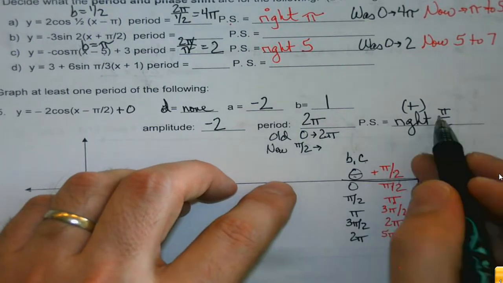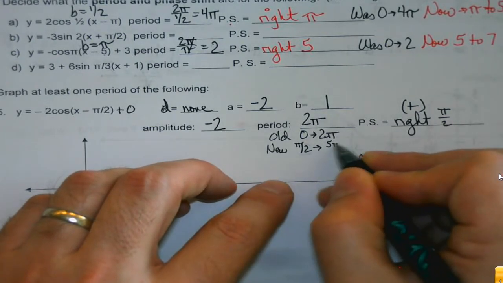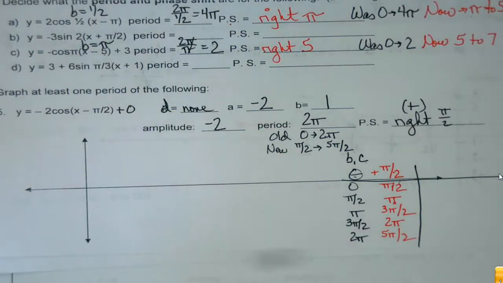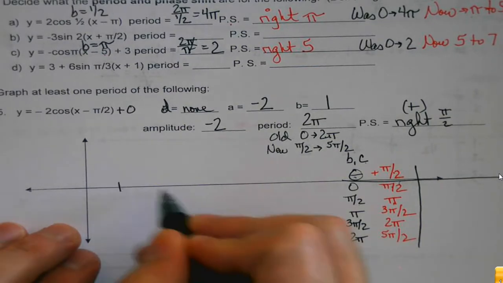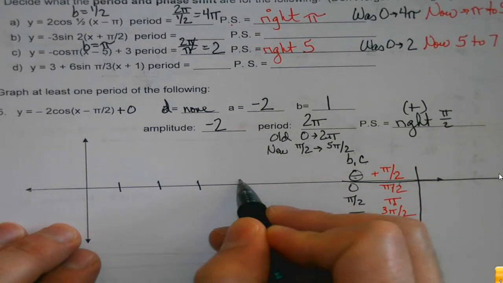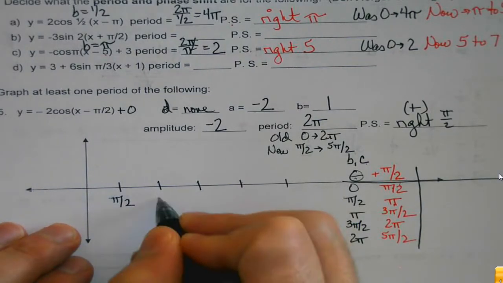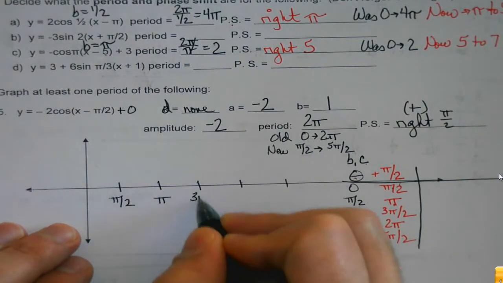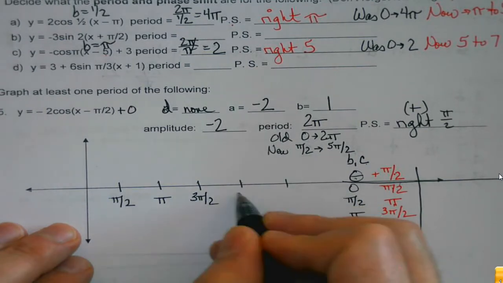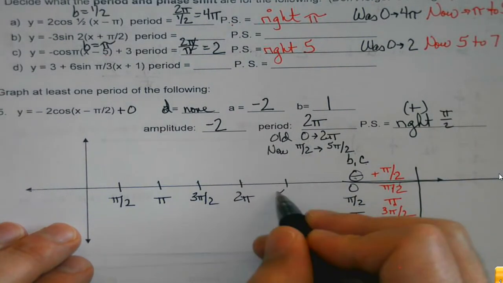So 2 plus 1/2 is 2.5, or 5 pi over 2. We're A-okay. So when we're graphing these here momentarily, it just means our graph took a little bit of a move on us.